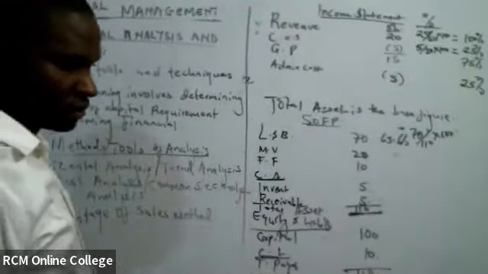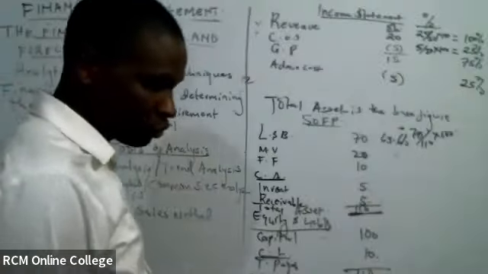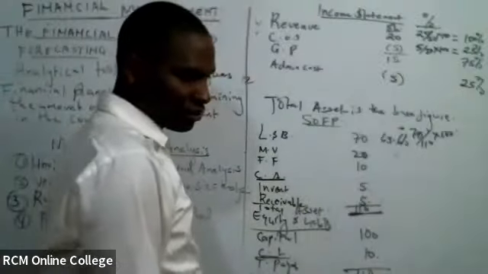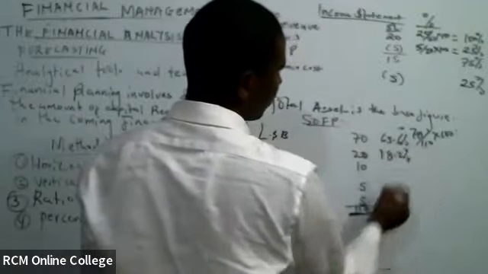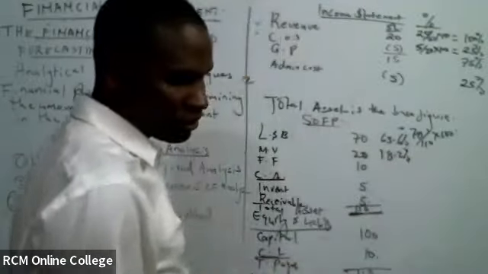Let's do it very fast. Motor vehicle, it's good that we understand it from this point. 18.2. The next one, furniture and fitting.